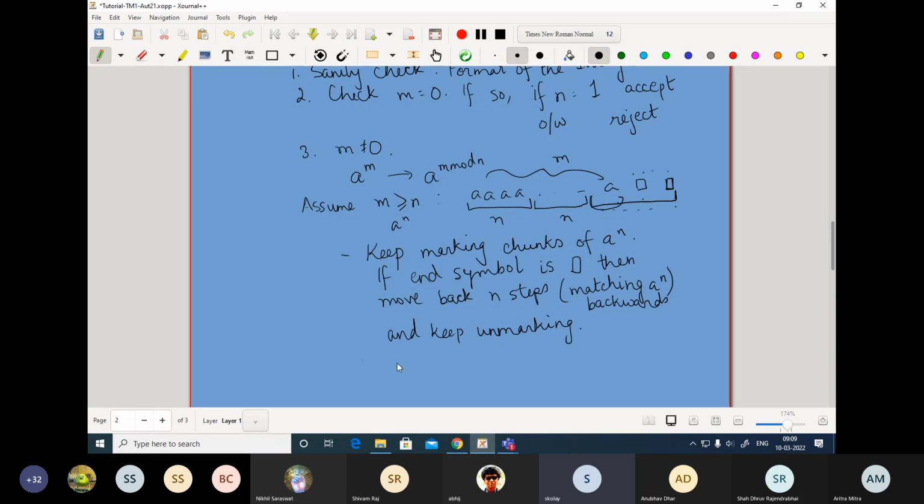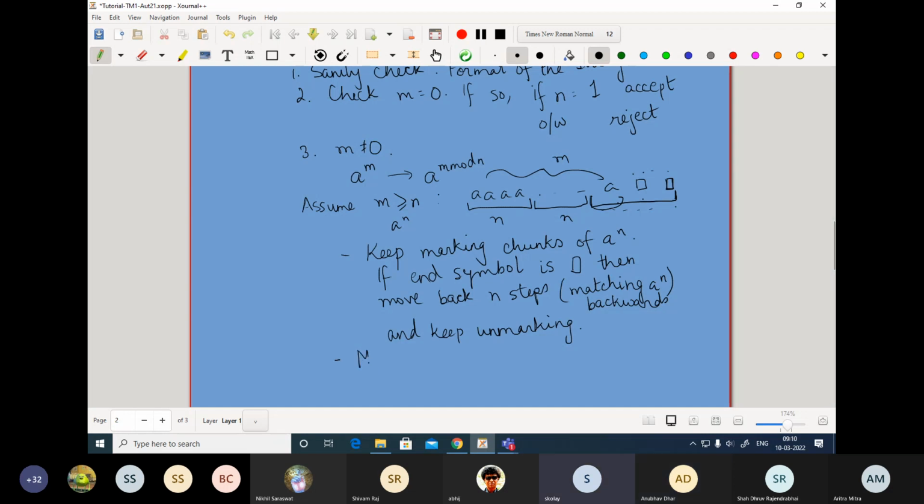Now what do you do? Ma'am, we copy all the unmarked symbols to just after the hash separator. How do you do that? Ma'am, we can just take the first unmarked element and then move left and unmark the leftmost marked element, and so on.